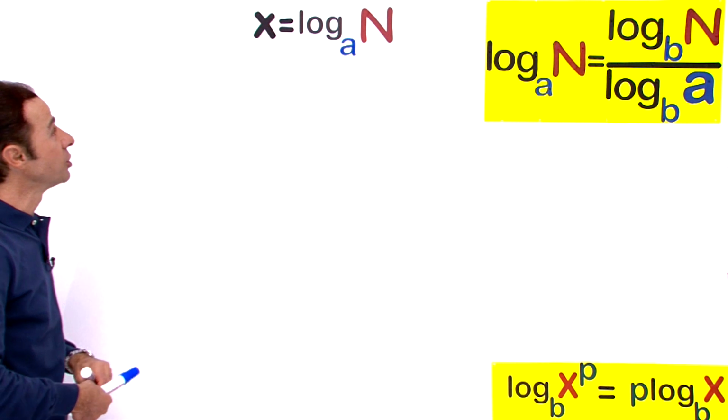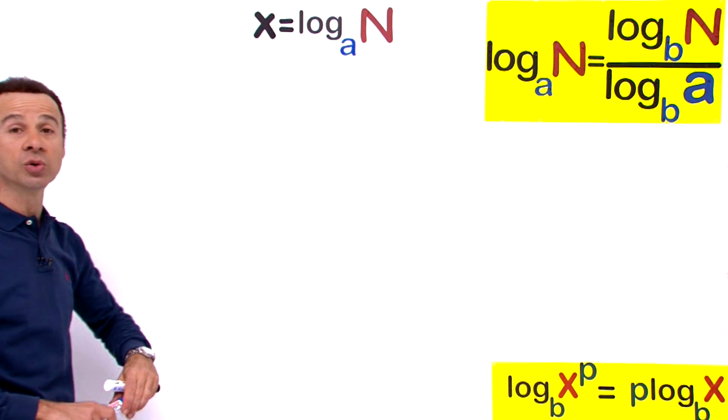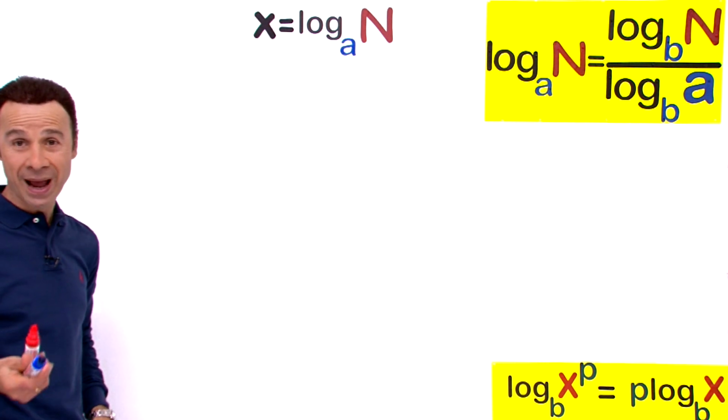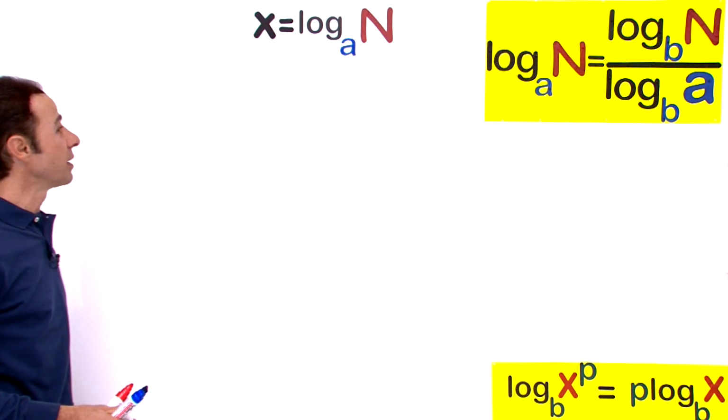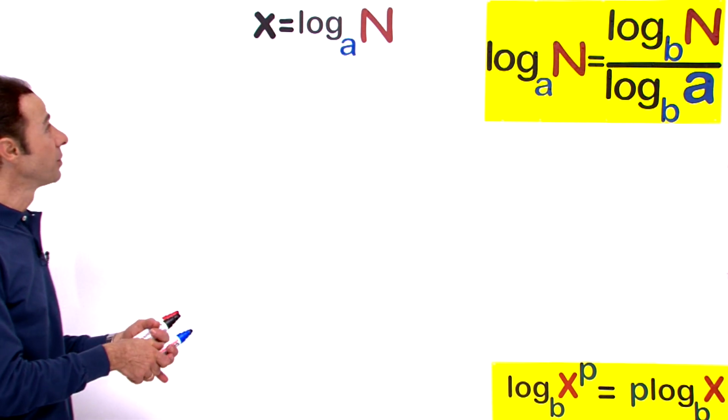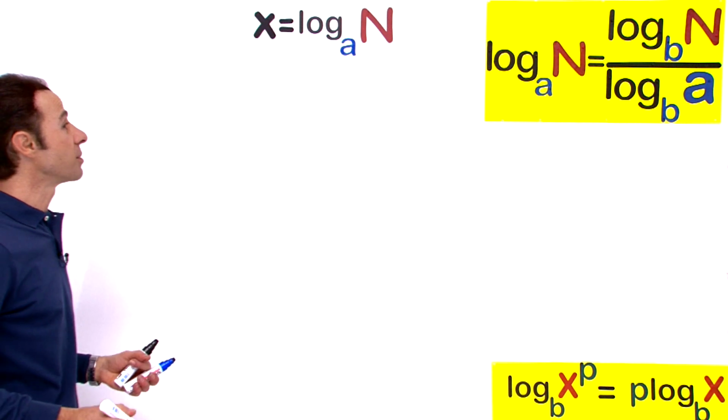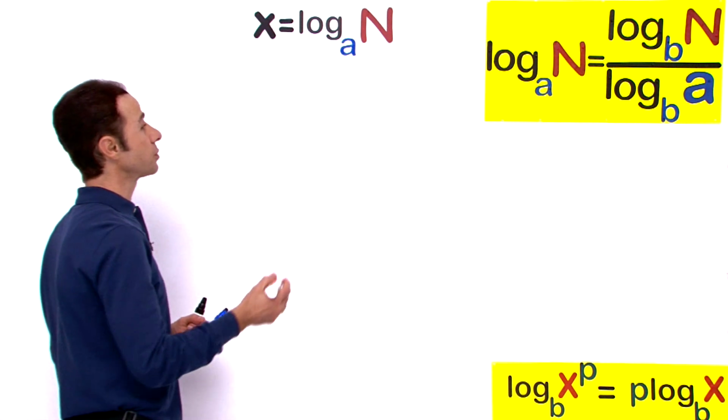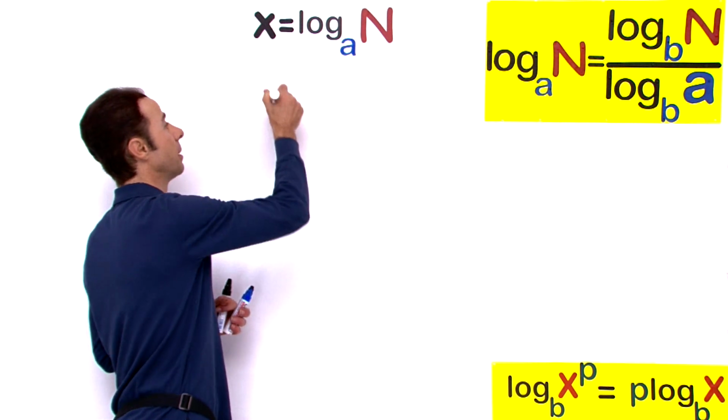The first thing we want to do is transform this into what format? Exponent or power format. So let's do that now. I'm going to write it up as follows. Take that n, that's the number.